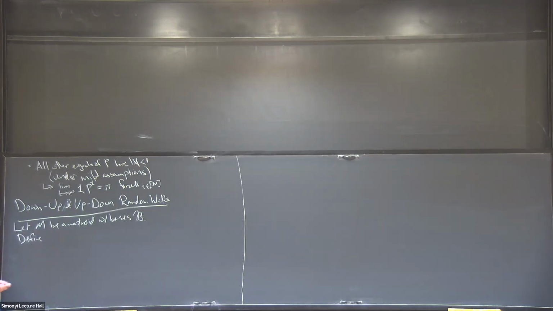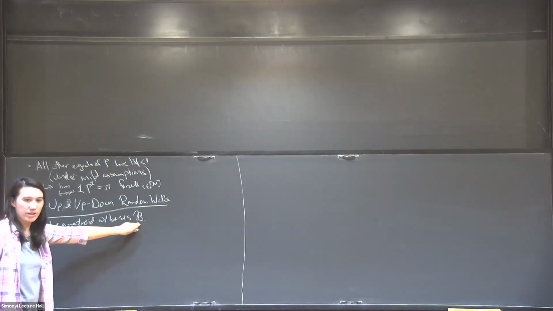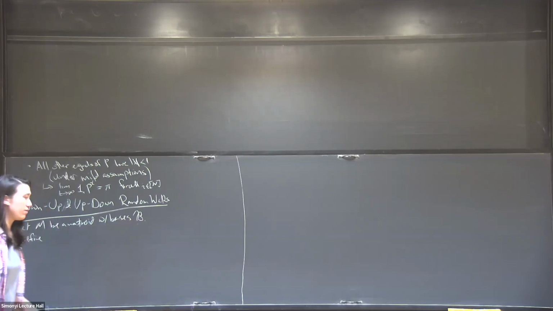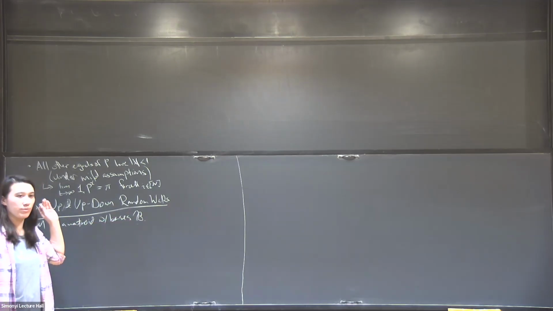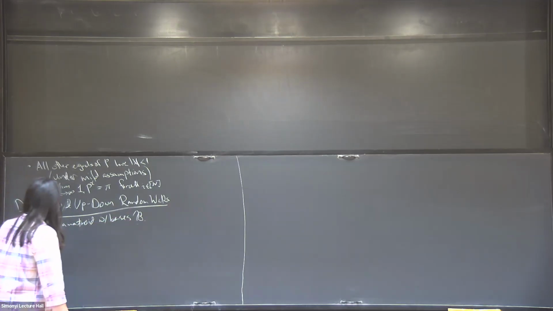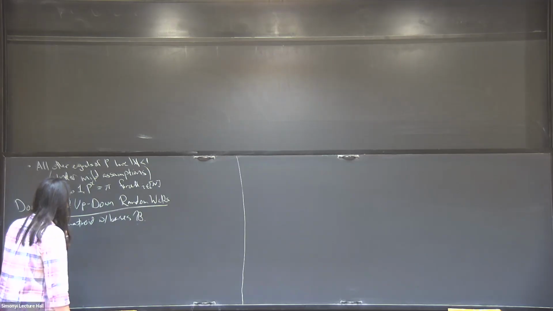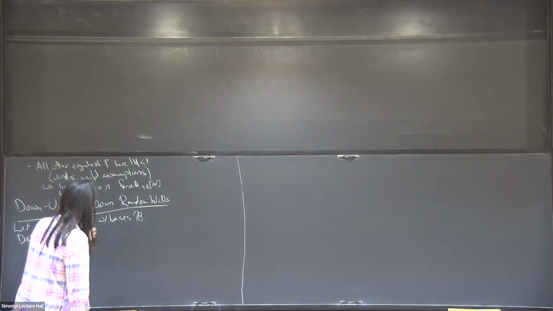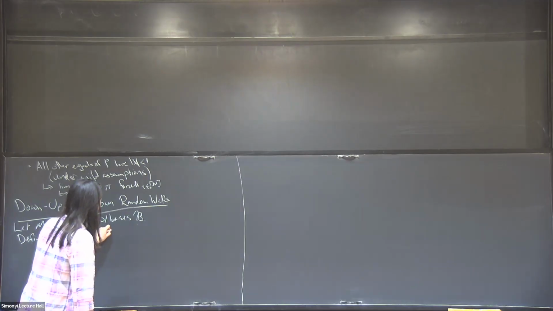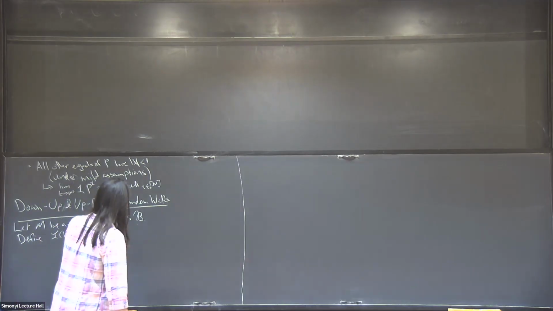Remember that independent sets are just all the subsets of the bases. Just like there's a set of axioms for when we have bases of a matroid, there's also a set of axioms for independent sets. So we're going to define I_k to be the independent sets of size k.